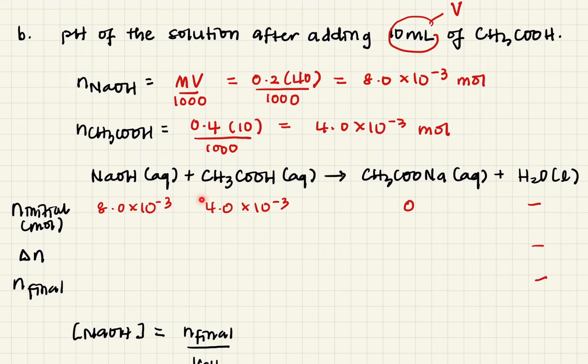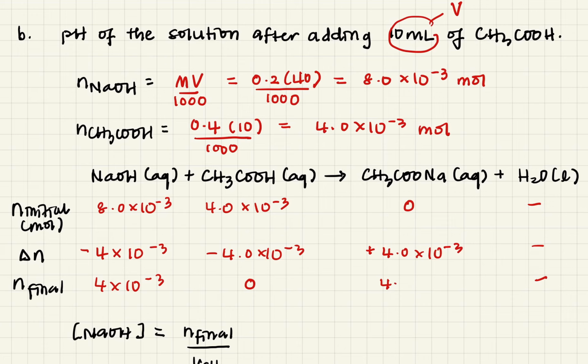The mole of acetic acid. That will limit how much of your sodium hydroxide will react. So minus, and on the right here it will be plus. This one will be left with 4.0 times 10 minus 3, this will be left with 0, and this will be 4.0 times 10 minus 3.